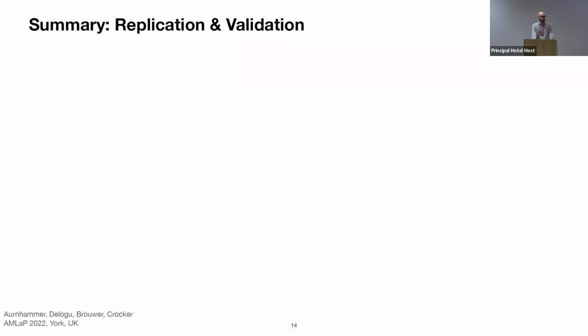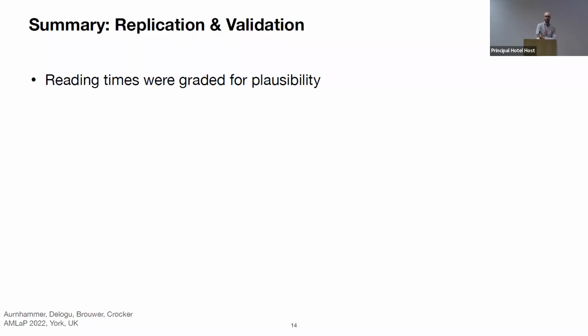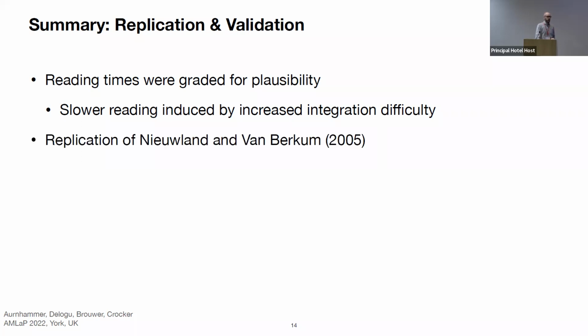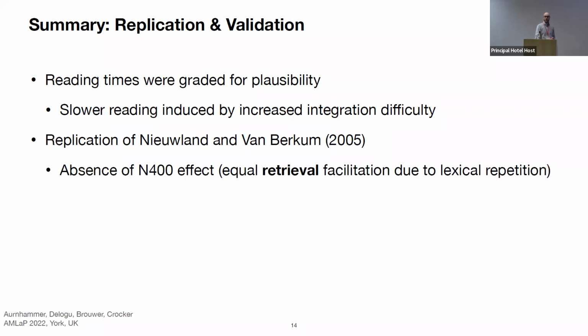So in sum, we replicated several things here. First of all, the reading times showed a plausibility effect and increased integration difficulty induced slow reading. Quite nicely, I think we also managed to replicate a lot of the original experiment here, where we did not find an N400 effect.